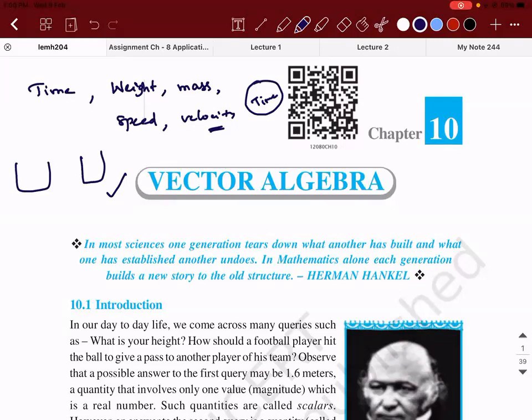One of the parameters is magnitude and the second parameter is direction. Okay, so time is a measurable quantity which has a magnitude. Magnitude means a value associated with it. You will say time is this much. You will say 4 hours 30 minutes, right?